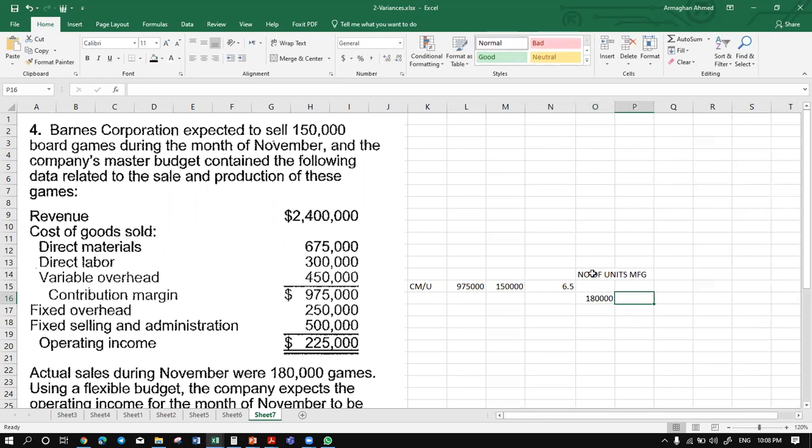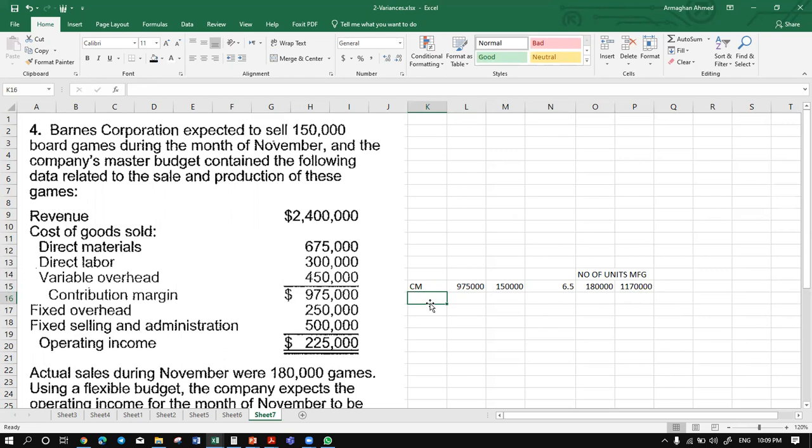So what value will come now here? 1,170,000 is the contribution margin, right? We have got it. Total contribution margin came to 1,170,000. Now, how much is the fixed overhead given? Fixed overhead is 250 and 500.